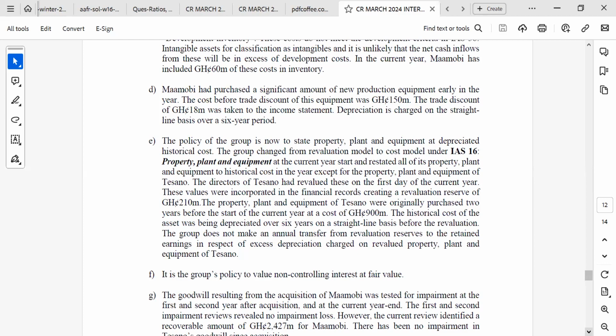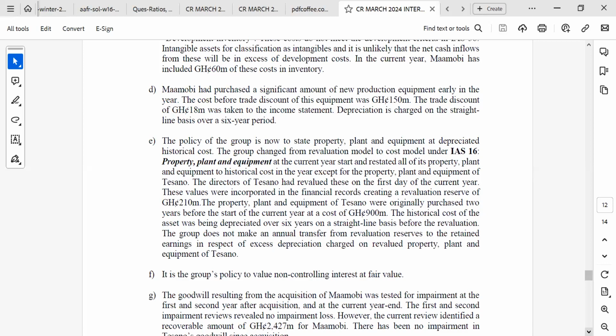The values were incorporated in the financial records, creating a revaluation reserve of 210 million Ghana cedis. The property, plant, and equipment of Tesano were originally purchased 2 years before the start of the current year at a cost of 900 million Ghana cedis. The historical cost of the asset was being depreciated over 6 years on a straight line basis before the revaluation. The group does not make an annual transfer from revaluation reserves to the retained earnings in respect of excess depreciation charged on revalued property, plant, and equipment of Tesano.